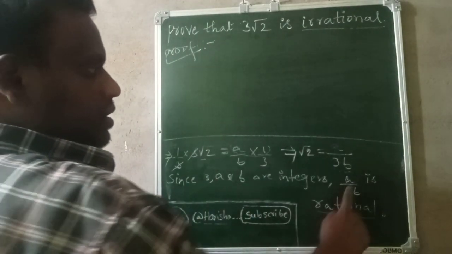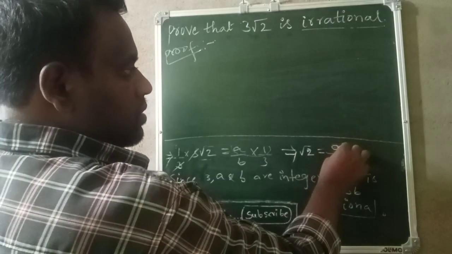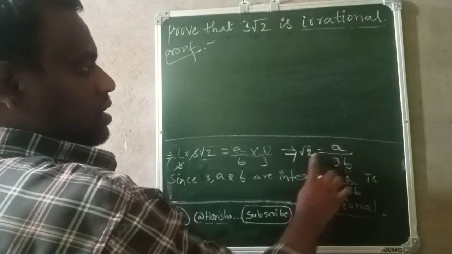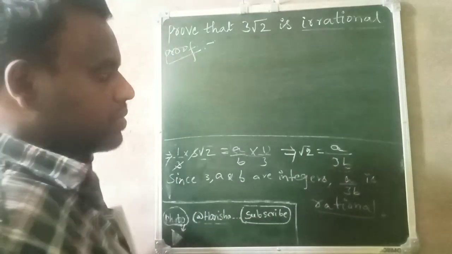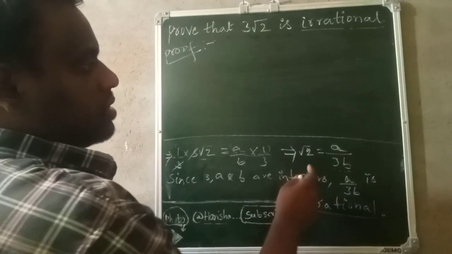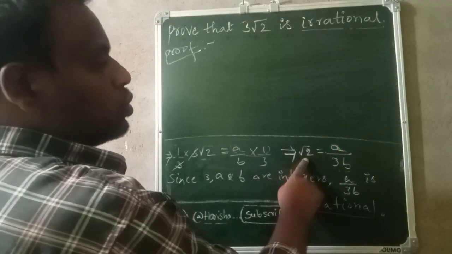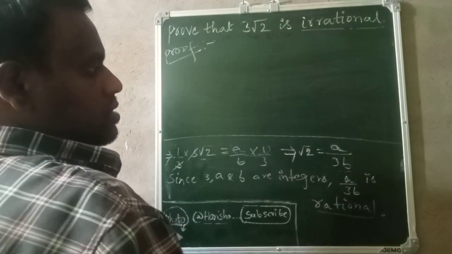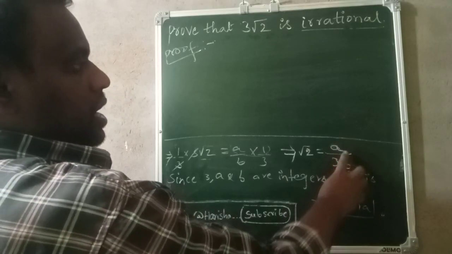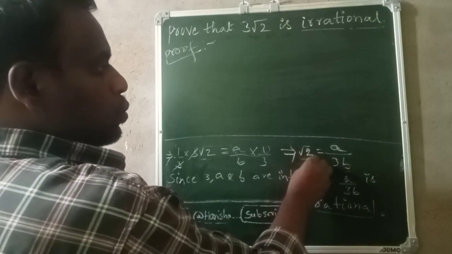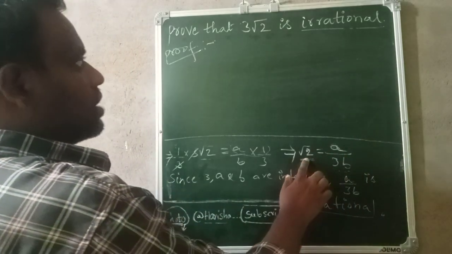So we got a by 3b is rational, correct? But here you see root 2 is equal to a by 3b. Or we can also say a by 3b is equal to root 2. Since a by 3b is rational and we are saying a by 3b is equal to root 2, what does it mean? If this is rational, even this is also rational.